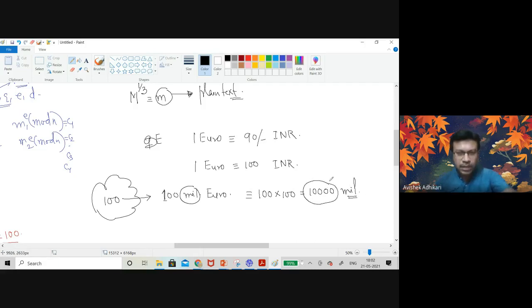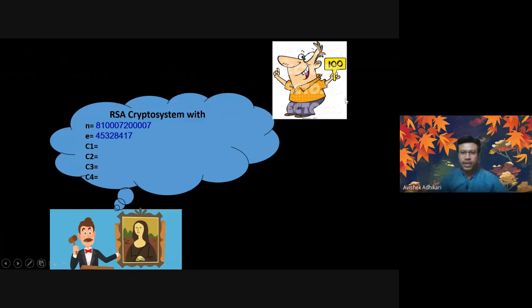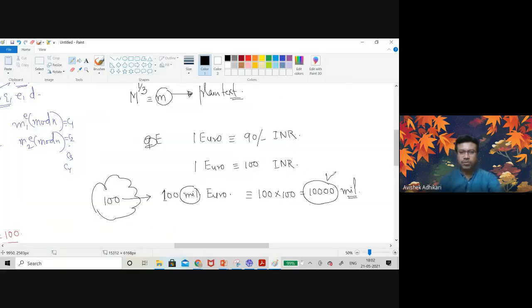So this guy has given the price as 100, but he is not going to send 100 to the company directly. He will convert it into 10,000, because 100 in our scenario in Indian rupees should be 10,000.